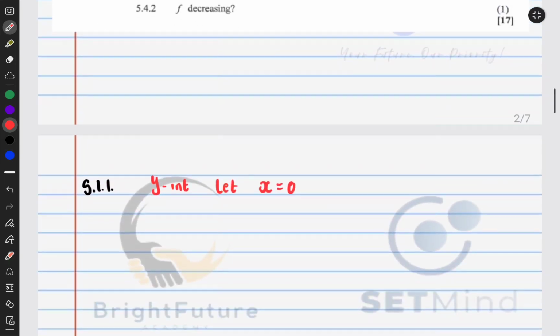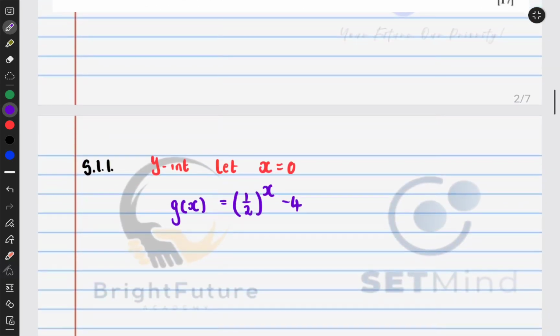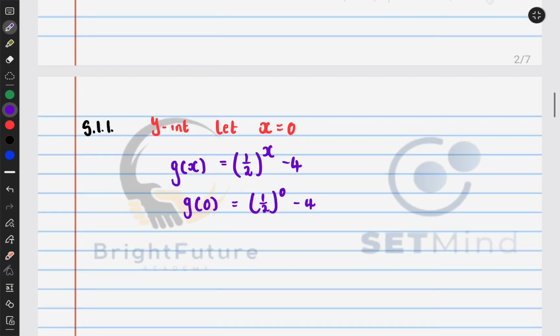So g(x) = (1/2)^x − 4. Double check. Yes. So we are looking for the y value where x is equal to 0. So g(0) = (1/2)^0 − 4.